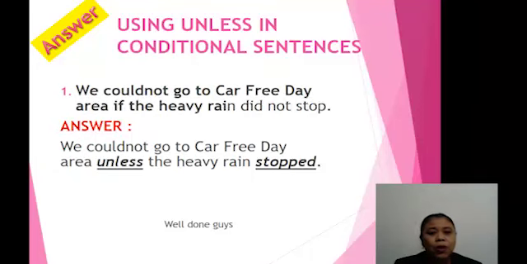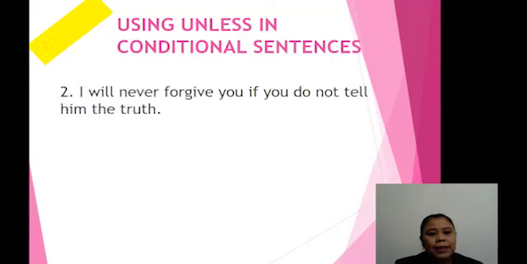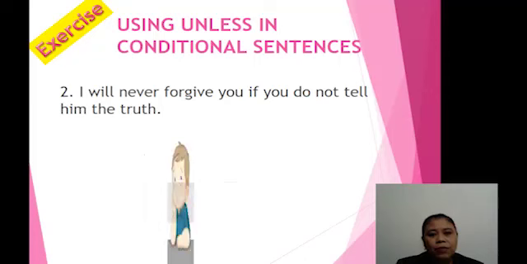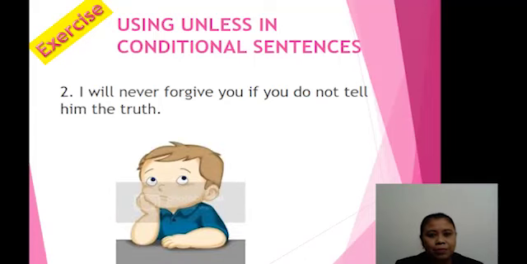The answer: we could not go to car-free day area unless the heavy rain stopped. Is the answer the same as yours? Yes? Okay, let's go to the second exercise. I will never forgive you if you do not tell him the truth. Please think about the answer.